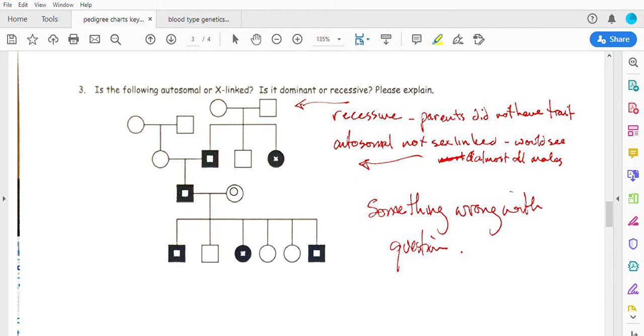Then coming through, you got mostly males, a couple of females. It just wasn't making any sense. Where it wasn't making sense was in these parents here, that they did not have the trait. And so this is where I say there's something wrong with this question, and we're just going to ignore it.